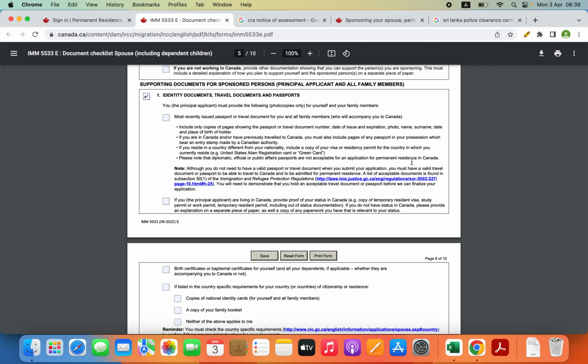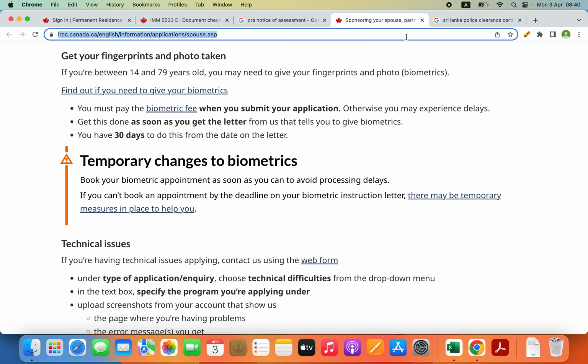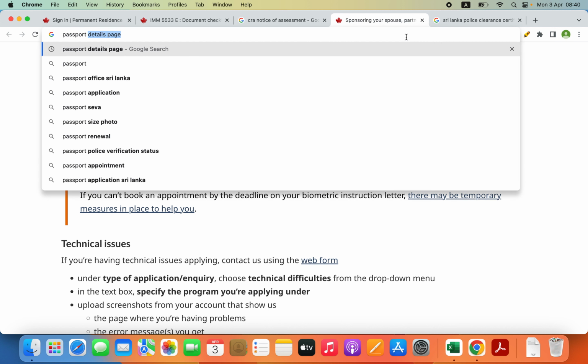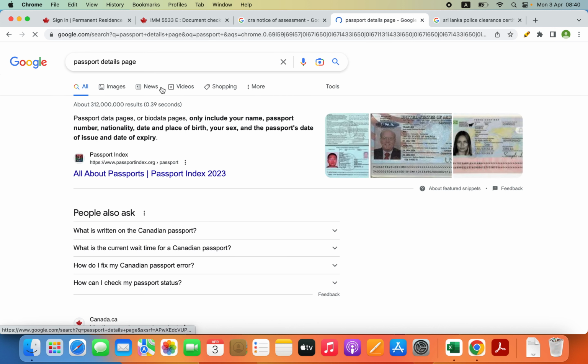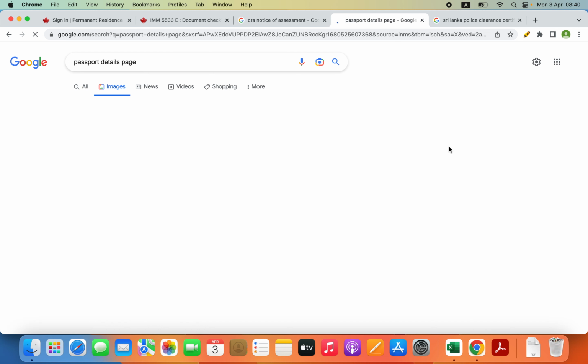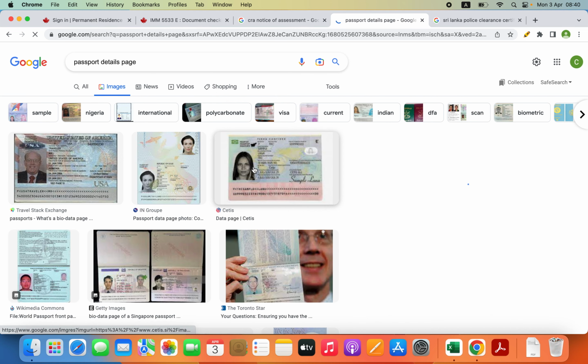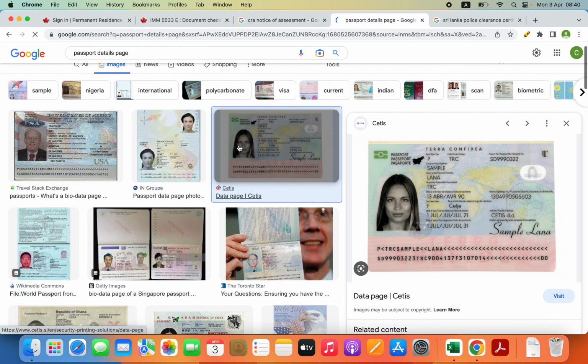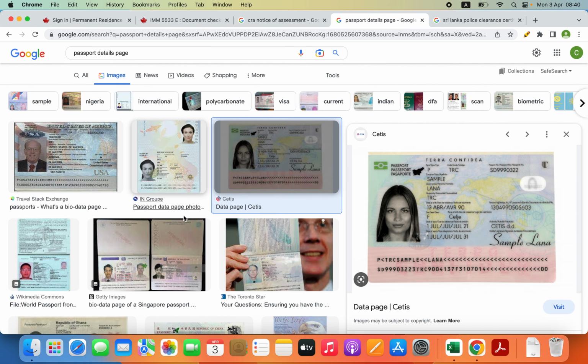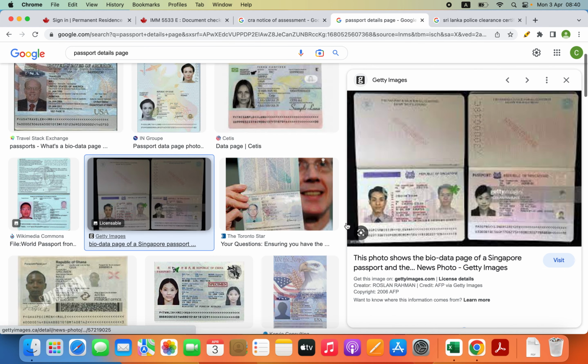So provide all this information. For me, of course, I just had to provide the initial page, which is the passport detail page, like this. But in some instances there could be amendments done, and those amendments could be recorded in a subsequent page.